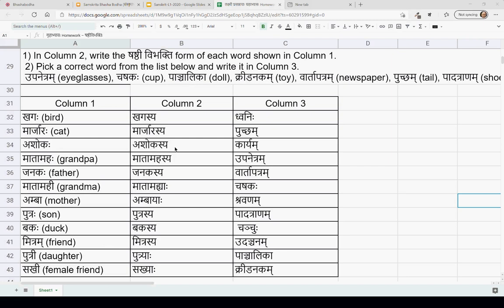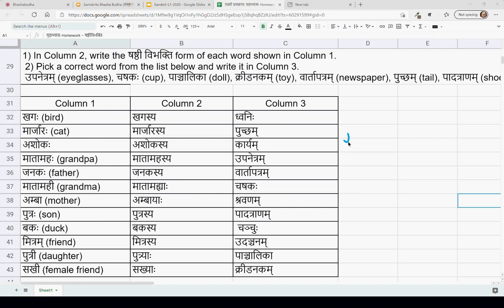Akaranta Pullinga word, Shashti Vibhakti, there was no problem. They were all right. And Akaranta Strilinga like Amba, here also it was correct, Ambayaha. But Dirgha Ikaranta Strilinga, some were not correct, like we have Putri or Matamahi. Like we saw that last time.